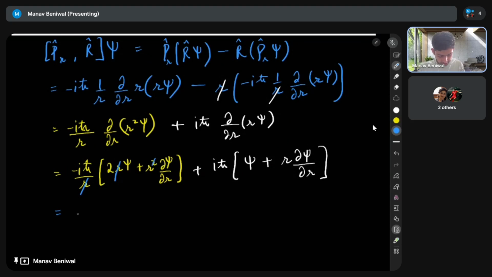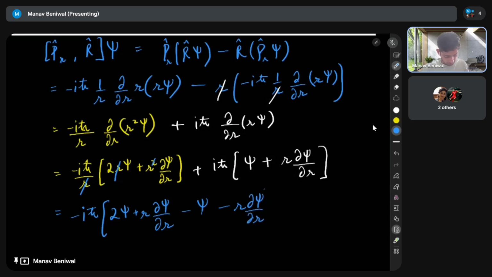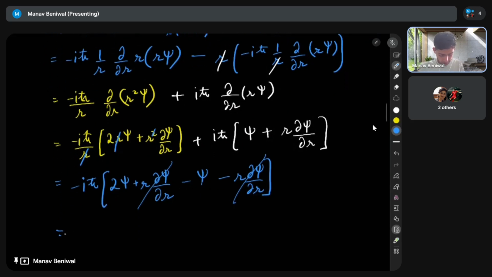So let's take out this minus iota h cut outside, and inside we have 2 psi plus R times del psi over del R. Because we have taken the minus h cut outside, here we will have minus psi and minus R del psi over del R. So these two terms just cancel out, and 2 psi minus psi is just psi. So we have minus iota h cut psi.